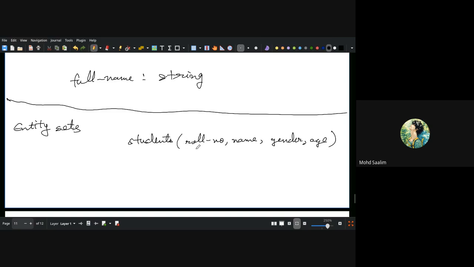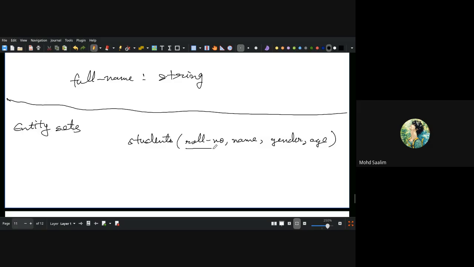Now, when you want to show the primary key of your entity set, it is just like a table. Okay. So just like we define the schema of a table, we can also define the schema of an entity set. So this students is an entity set according to ER model, and it is representing a set of all students, right? So when you want to show the primary key in ER model, you do it by underlining it.